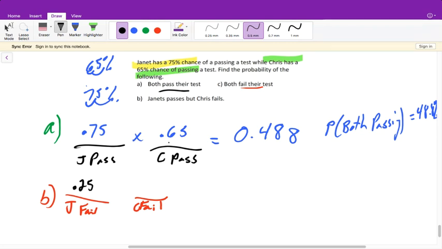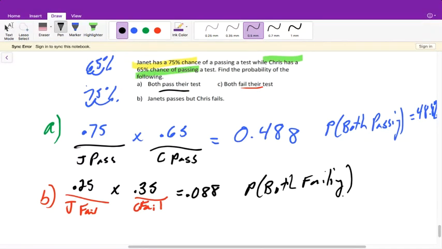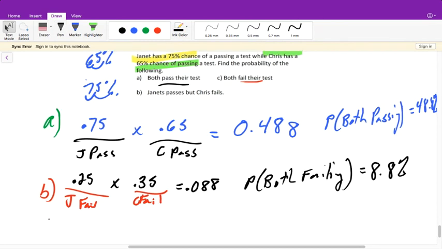And if Chris is passing 65% of the time, he's going to fail 35% of the time, or 0.35. We multiply them 2 together to get our answer, and this is equal to 0.088. So the probability of both failing is equal to 8.8%.